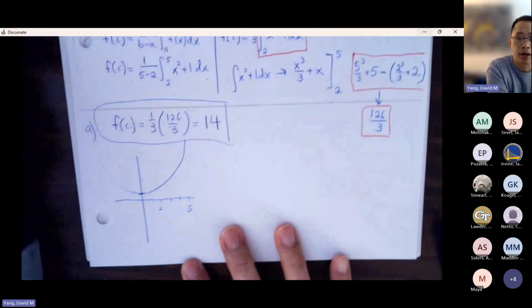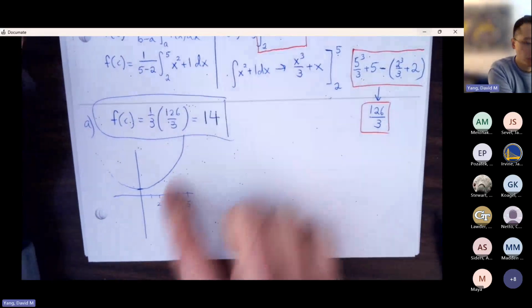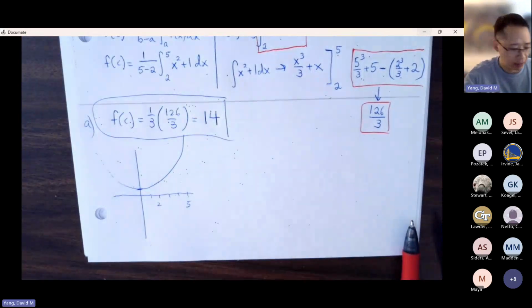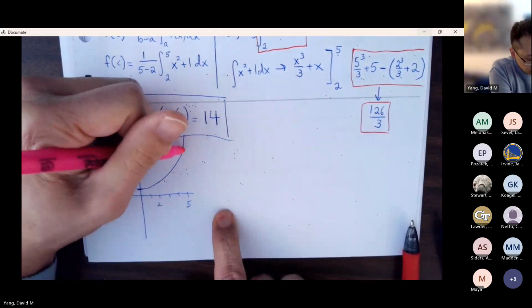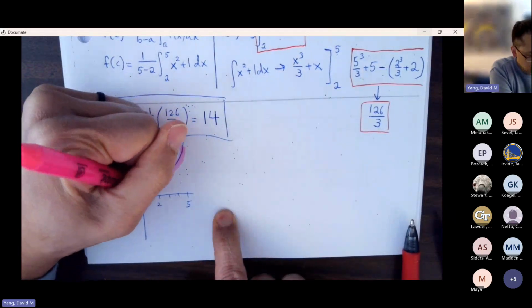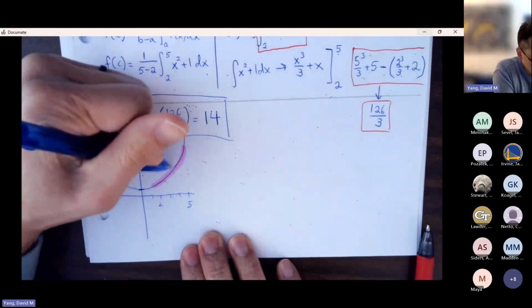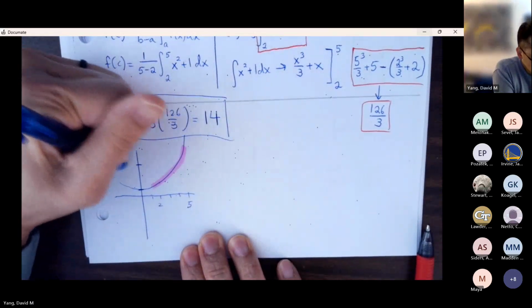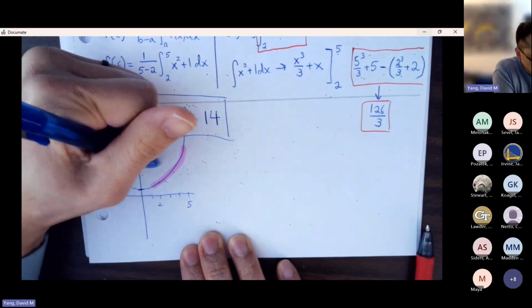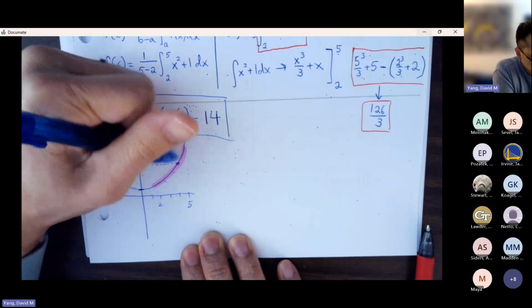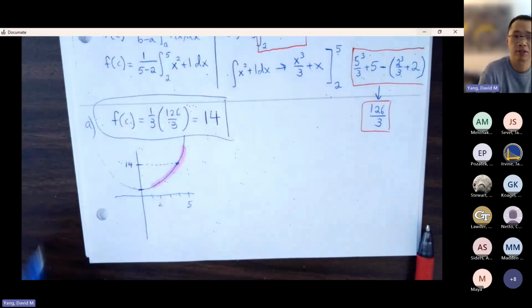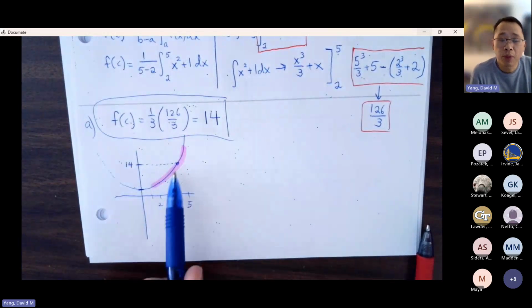And this is not to scale, obviously, but if we were to average out all these heights from 2 to 5, the average height is going to be 14. That's what we found. Okay. The average height amongst all these y values is going to be 14. So that's what we found for part A.